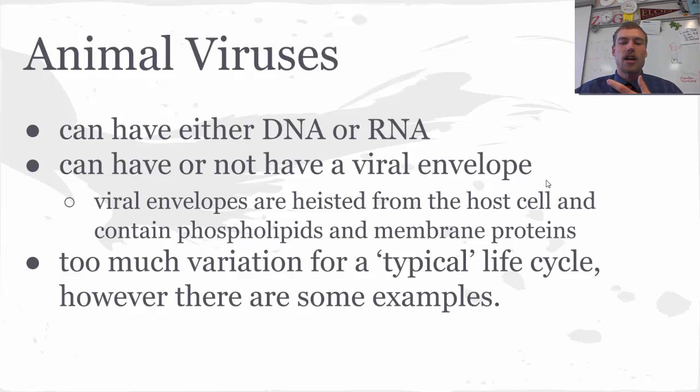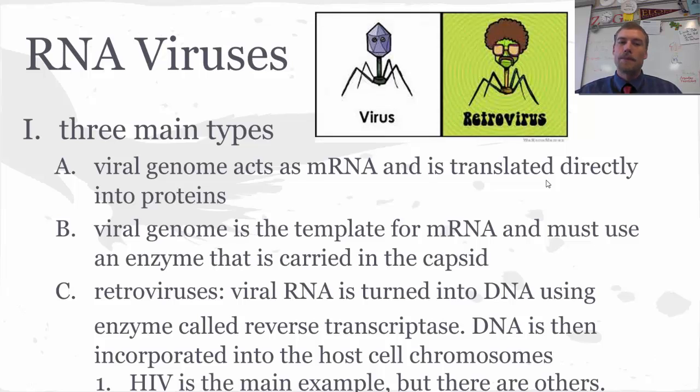There is too much variation in a typical life cycle for us to narrow it down and say this is the way a virus acts. They're all so different that there's no exemplar, but there are a couple of examples. One of the main examples that we're going to talk about is RNA viruses, and there are three main types of those.